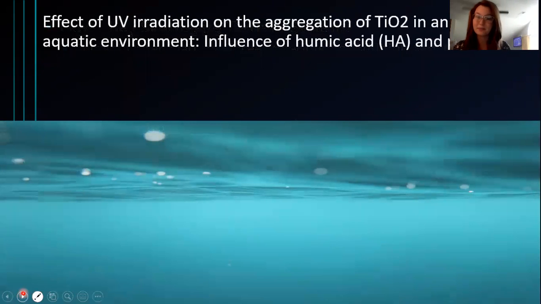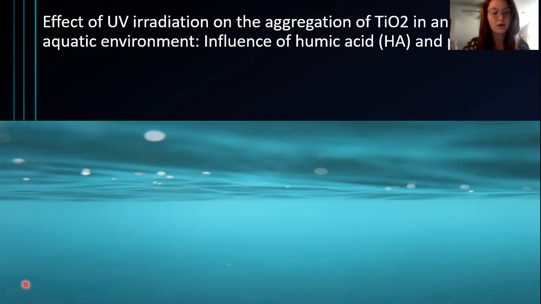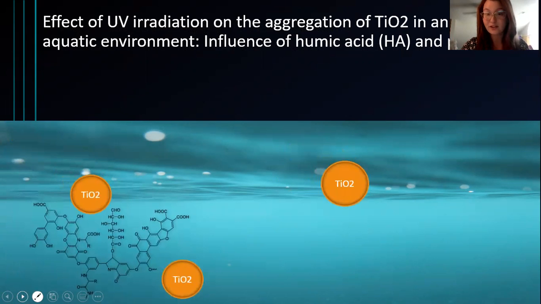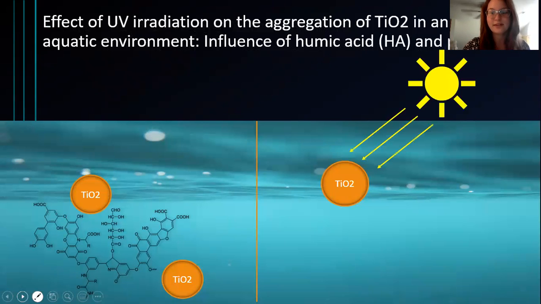To compare, the second paper also looks at the binary system between this natural organic matter, humic acid, and tin oxide nanoparticles. However, they incorporate the fact that tin oxide is a great semiconductor, so it participates in photocatalysis with the sun. So they take into account the sun's effects on aggregation. Here's a little animation for you to understand photocatalysis.